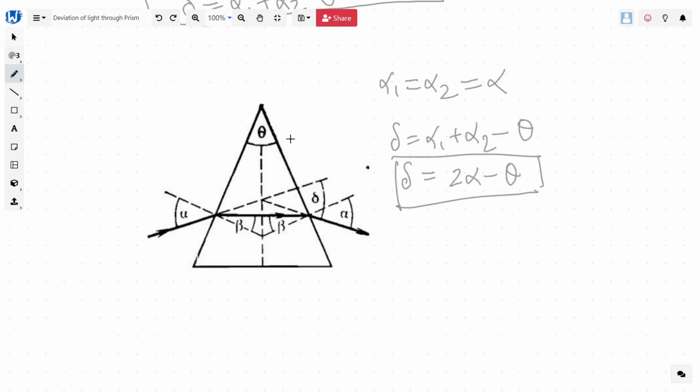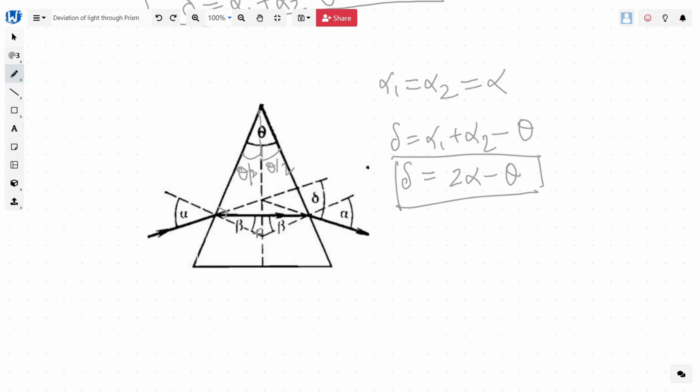Now with the symmetry, basically you can also see that this angle here is theta by 2. This one is also theta by 2. And this is a perpendicular. So this is 90.